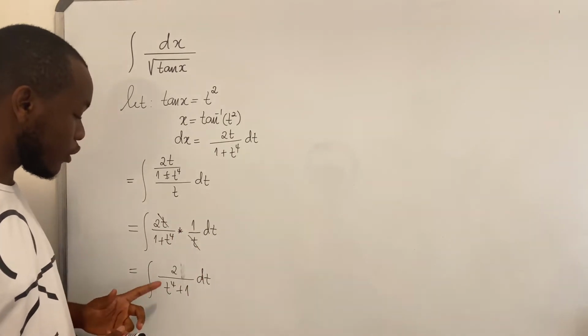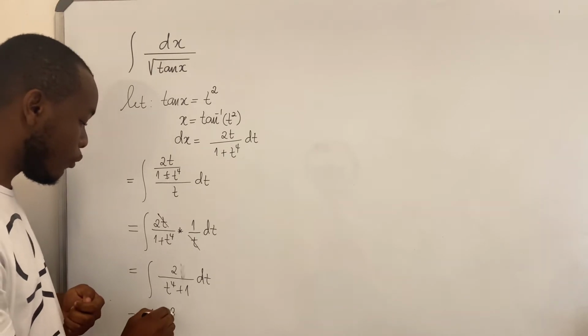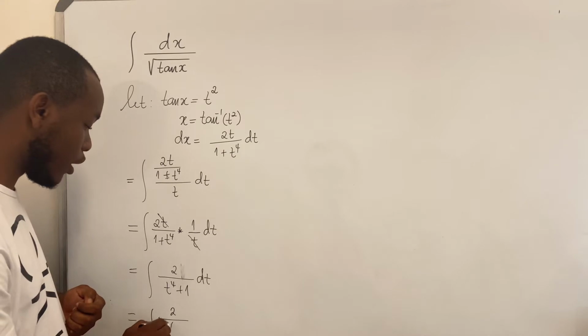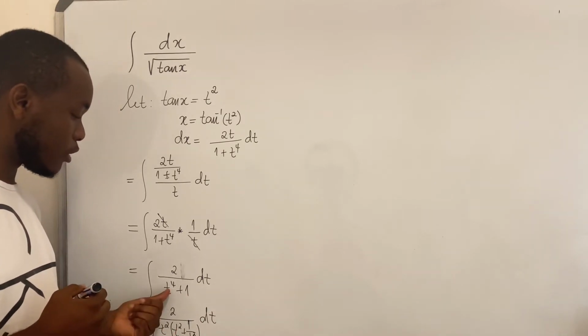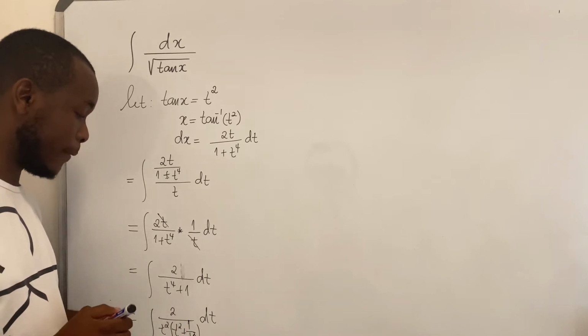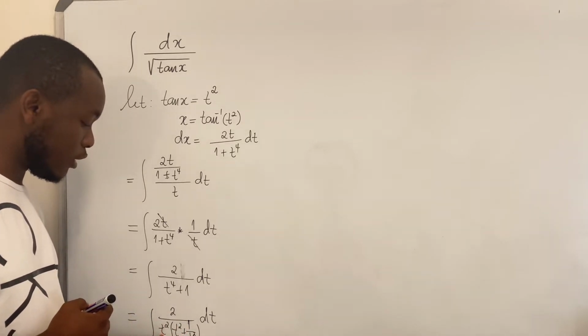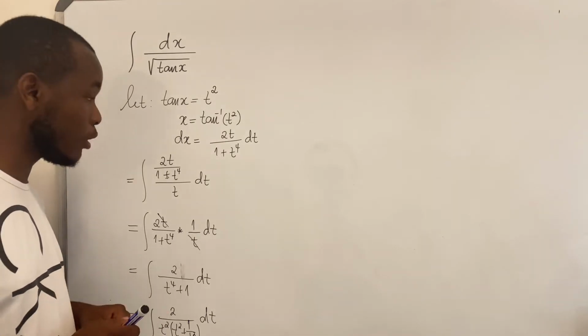So if we factorize t squared, what are we going to get? We're going to get the integral of 2 over t squared times t squared plus 1 over t squared, dt. Because when we multiply, this becomes t to the power 4, and this simplifies, goes back to 1. So this t squared is in the denominator, so it can come here as the denominator of 2, nothing will alter.